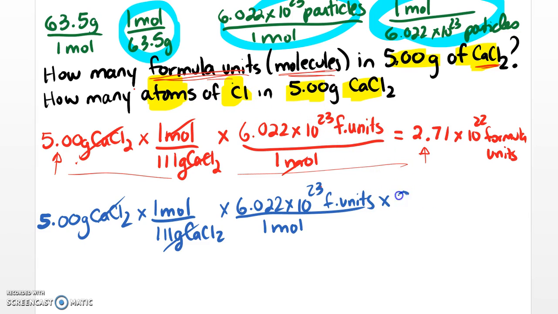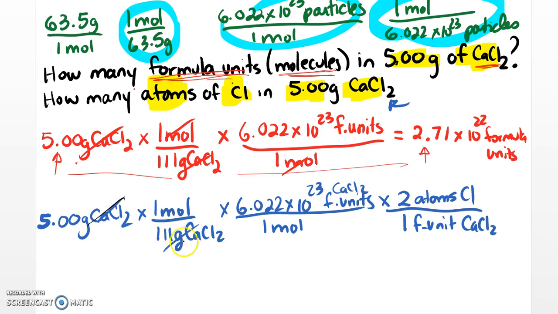And we know that there are 2, see this number here? 2 atoms of chlorine in 1 formula unit of calcium chloride. And this would be formula unit of CaCl2. So let's see what cancels. My grams cancel, my moles cancel, my formula units of calcium chloride cancel.